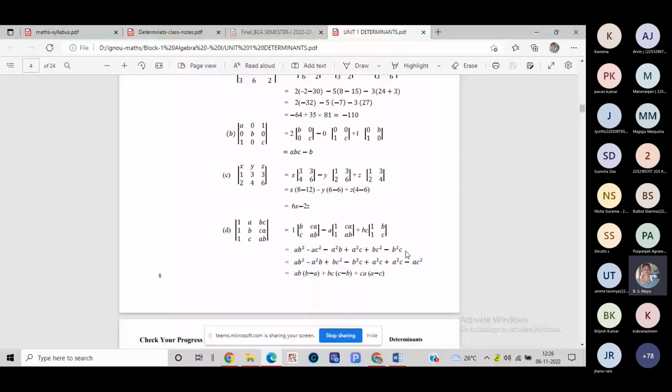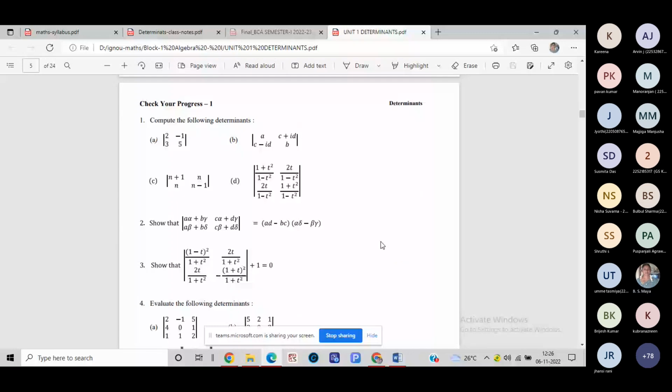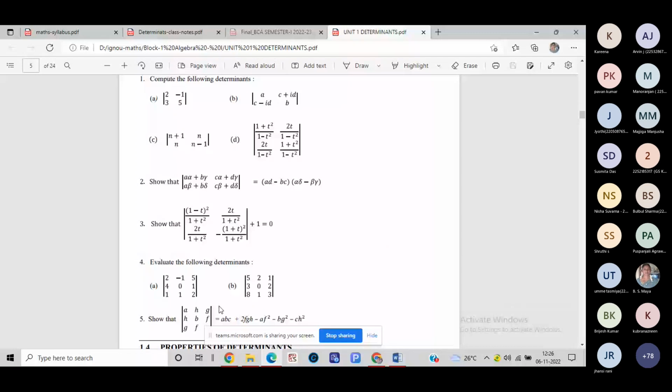Okay. See, this is how to solve the problem. Let we have this one. Fourth question. Yes, my fourth question. Let the following determinants. Fourth question is same. 2, 5, minus 3, that one. This is not the same thing.